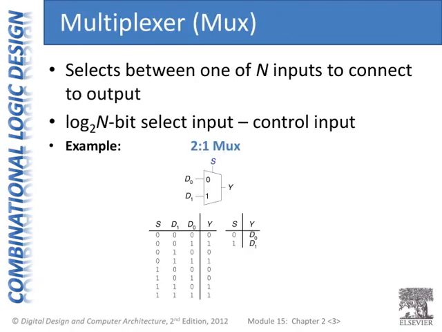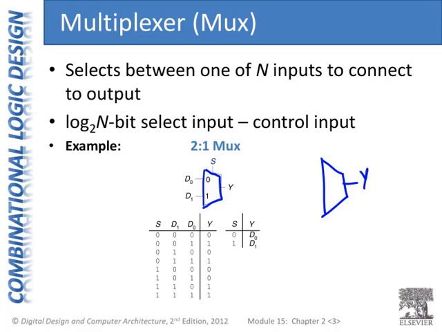A mux, a multiplexer, selects between one of n inputs to connect to the output. Here is the symbol for the multiplexer. It's showing that we're going from many inputs, in this case 2, to a single output, going from more to fewer.